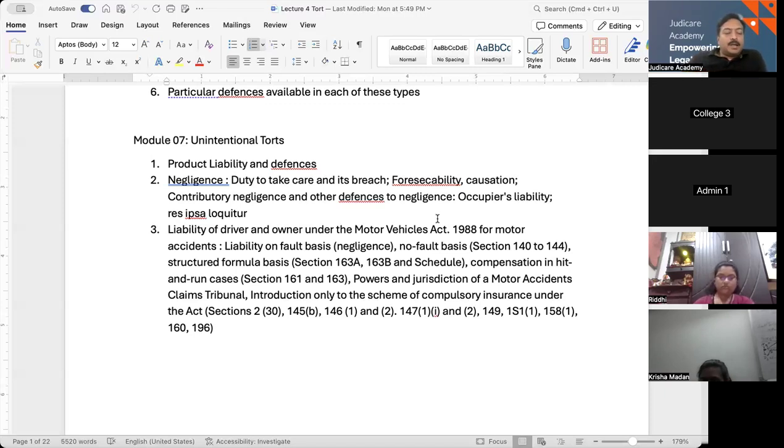Then another defense is comparative negligence. So damages are to be awarded in proportion to the level of fault assigned to each party involved in the accident. So if I am also involved, if I have also contributed, I can take the defense of comparative negligence and reduce my share of compensation as a defendant.